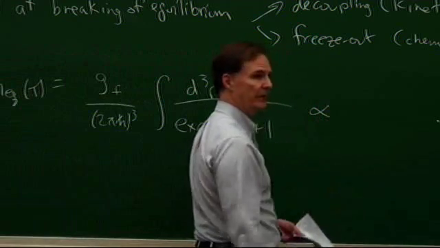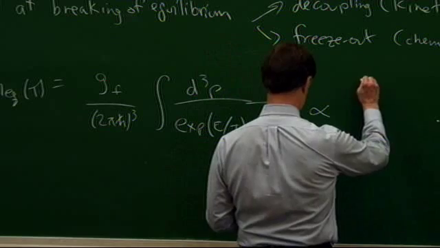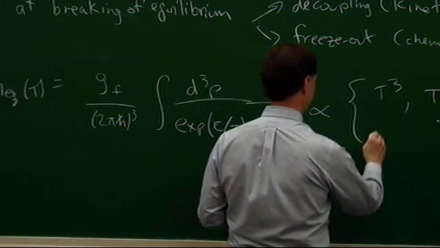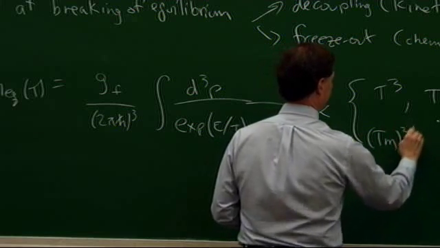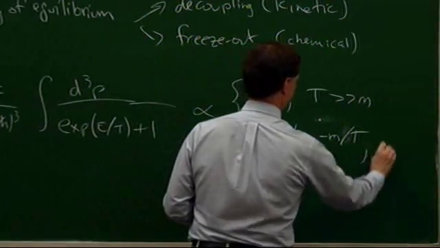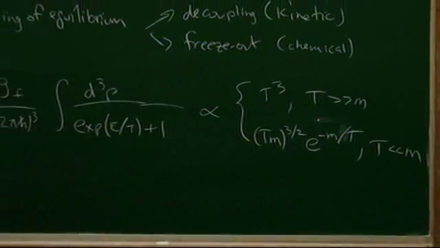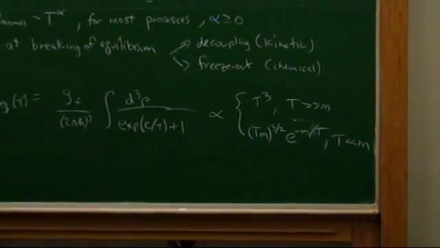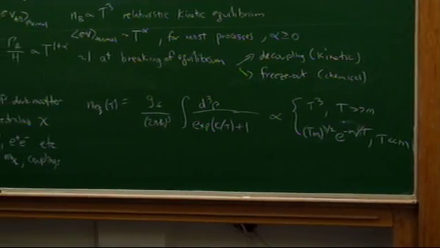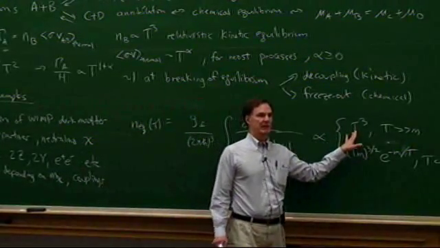And I'm going to write the limiting forms depending on whether the temperature is much greater or much less than the mass. When the species is relativistic, its physical number density goes like T cubed, the same as for photons and for all relativistic species. So the abundance is high, comparable to that of photons.